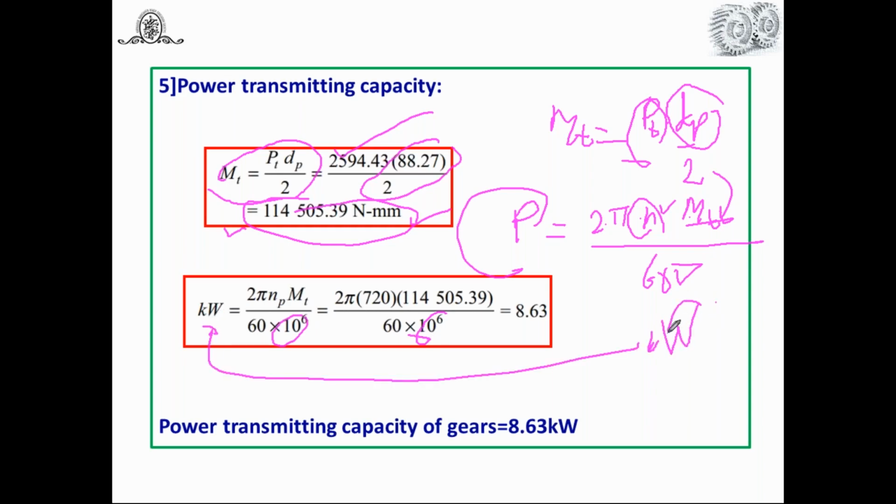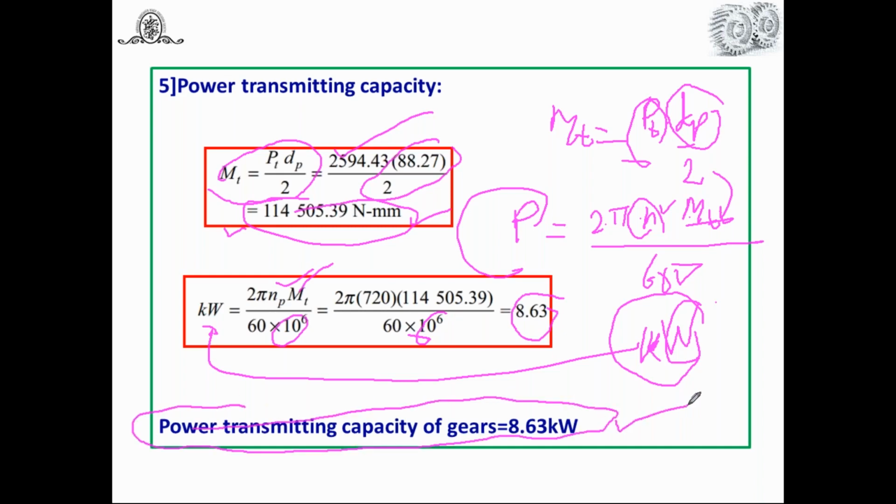And you know, for the names of researchers or scientists, always use a capital letter: kilowatt, K is small and W should be capital. After substituting the values of MT and NP, you will get 8.63. The power transmitting capacity of the gears is 8.63 kilowatt.